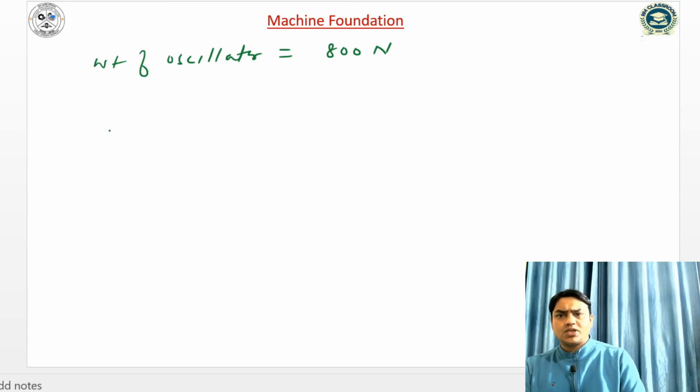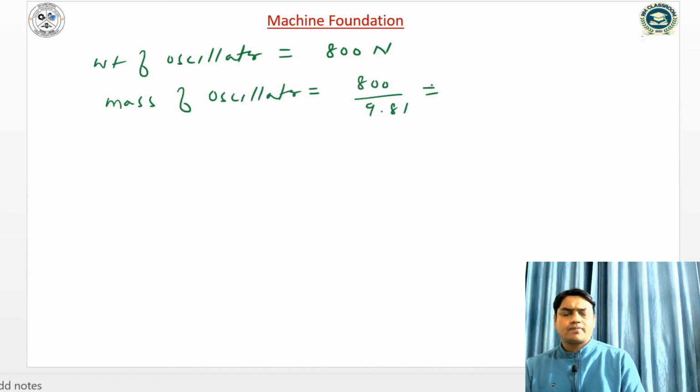So mass of oscillator is 800 divided by 9.81, so it will be 81.5 kg.